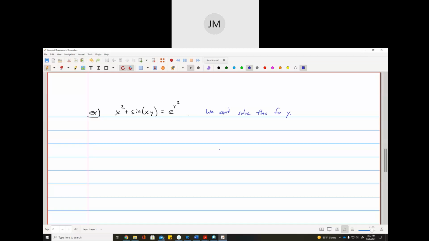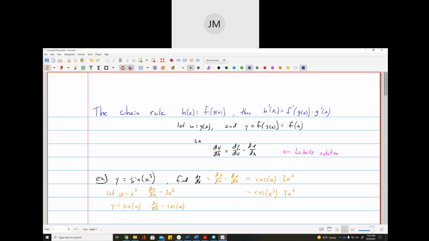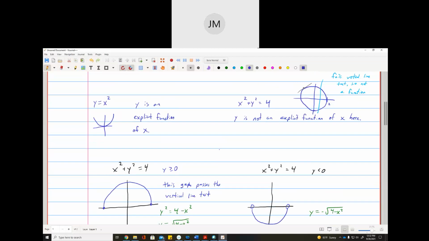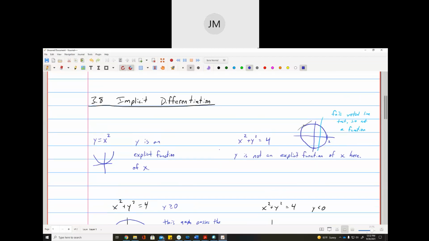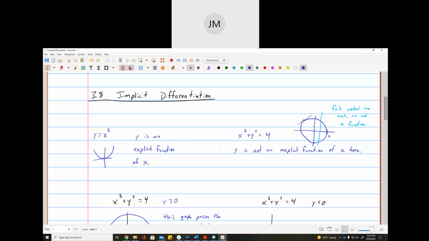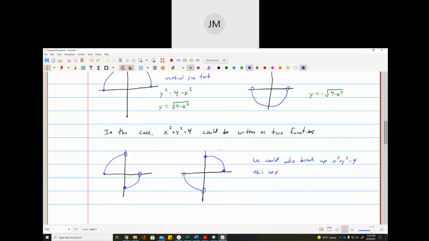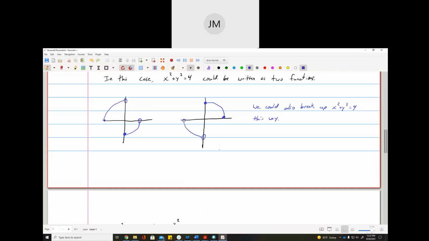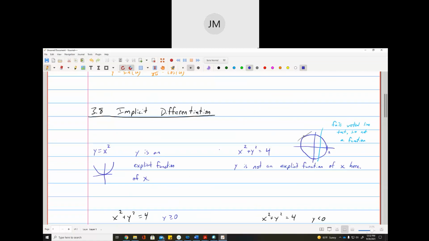It doesn't matter if I have something that's simple or complicated. The way that we deal with this is always going to be the same. The real trick is that when I'm finding the equation of a tangent line, say I have it on the circle here, if I zoom in closely, does it look like a function nearby?